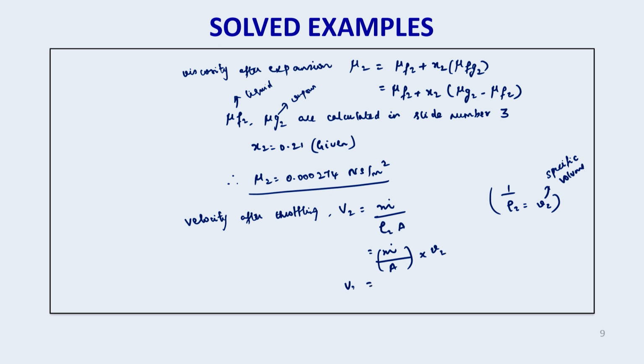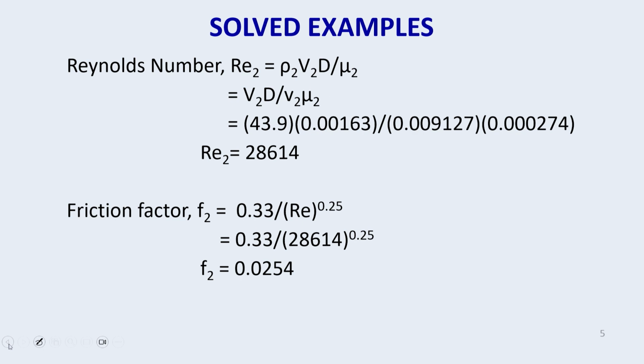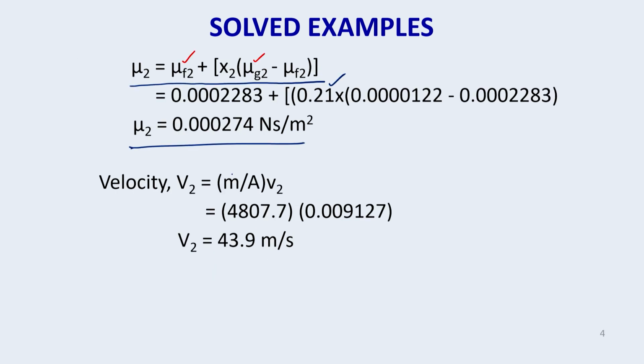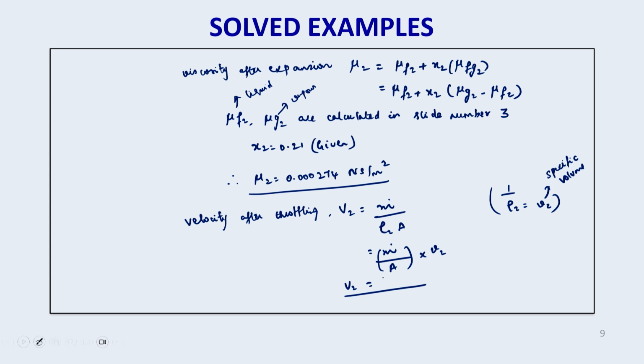So substitute the values, you will get the velocity after throttling. Okay, so again this will be m dot, not m, this is m dot. 43.9 meter per second.